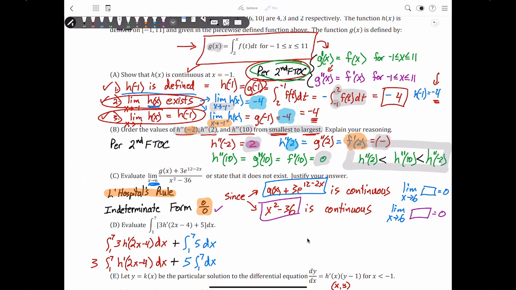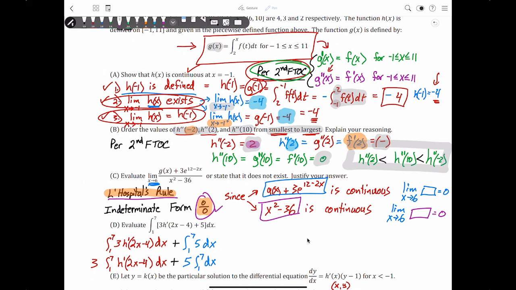Now, we're not saying that this is equal to 0 over 0 as an answer. We're showing that the numerator is continuous and equal to 0, independently from the denominator being continuous and equal to 0. Thus, we're able to use L'Hopital's rule per the indeterminate form.